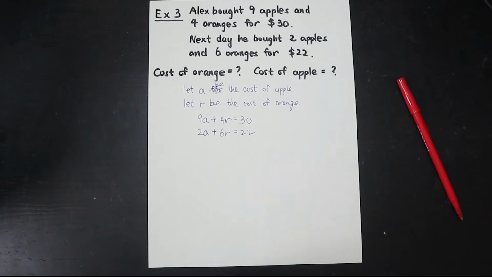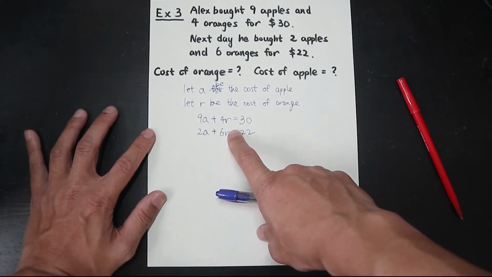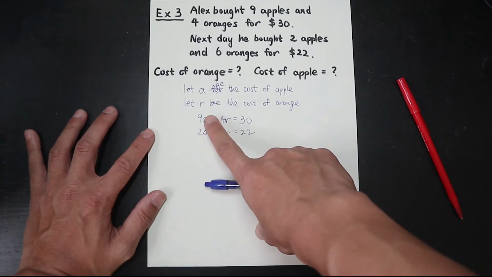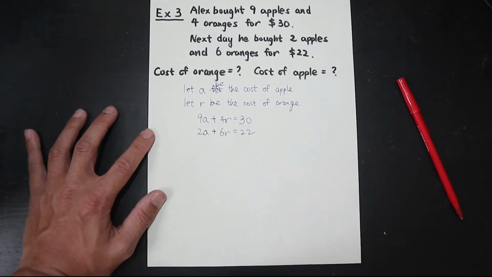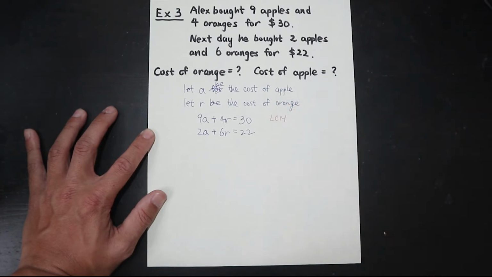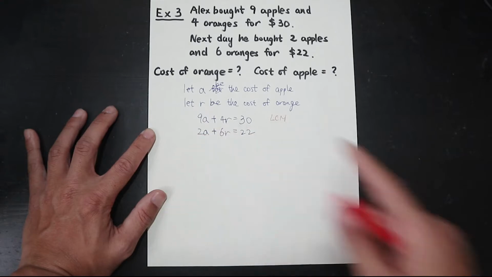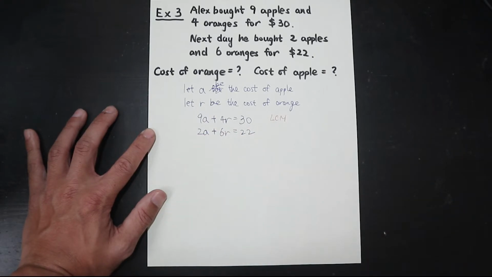Well, another strategy is that if you have no letters in which one number is a multiple of the other, what you could do is find something called the least common multiple, LCM, which you have kind of learned in elementary school. So I could choose either 4 and 6 or 9 and 2 and then find the LCM. Let's choose 4 and 6.